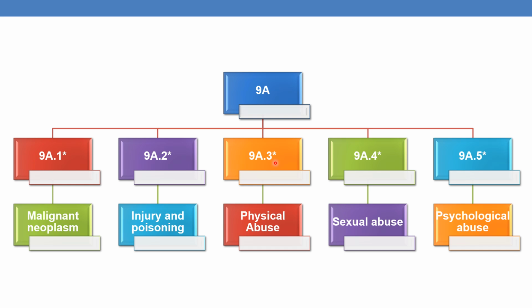O9A.3 indicates physical abuse complicating pregnancy. We will discuss the physical abuse, sexual abuse and psychological abuse codes here only. O9A.3 indicates physical abuse, O9A.4 indicates sexual abuse, O9A.5 indicates psychological abuse. They all come under the O9A category. First we'll discuss O9A.2.